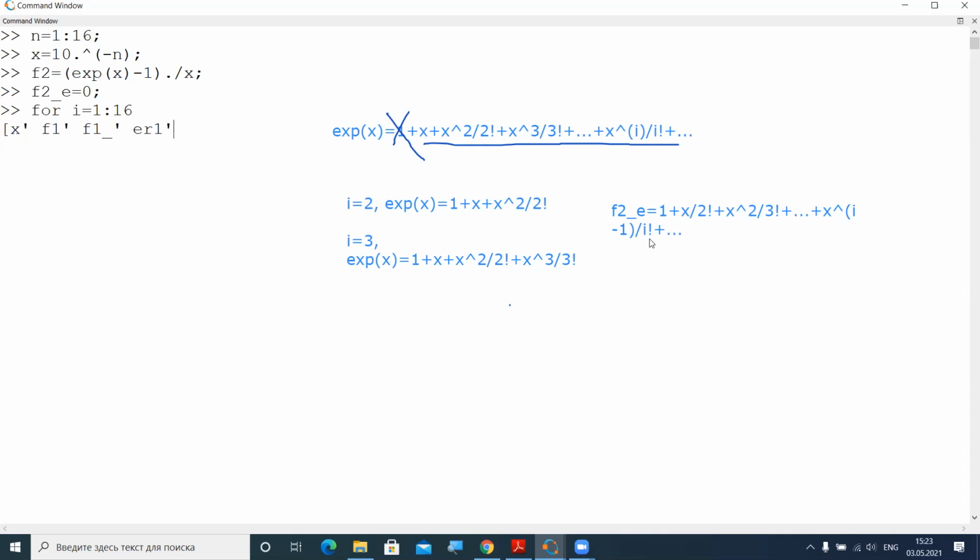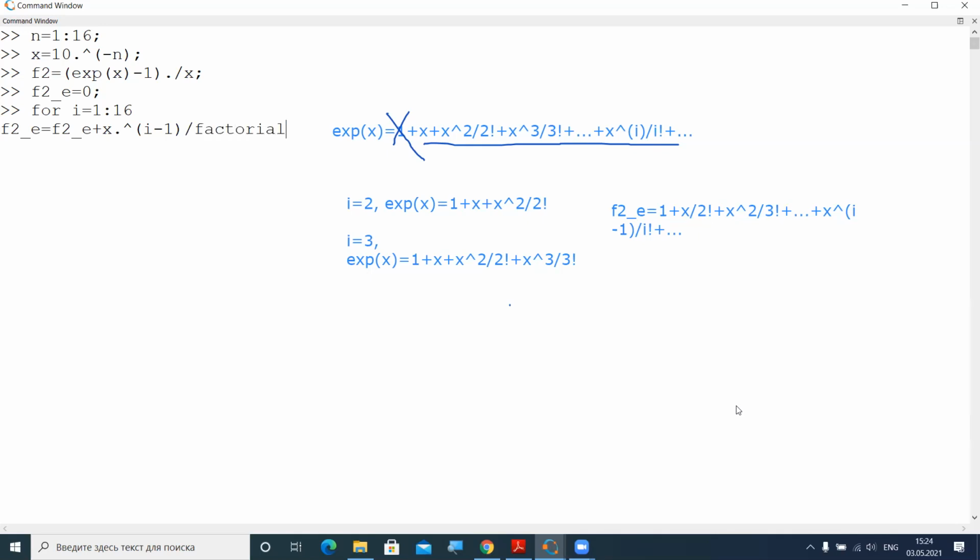So f2e now equals, look here, the previous one plus the general term: x to the power of i minus 1 over factorial i.